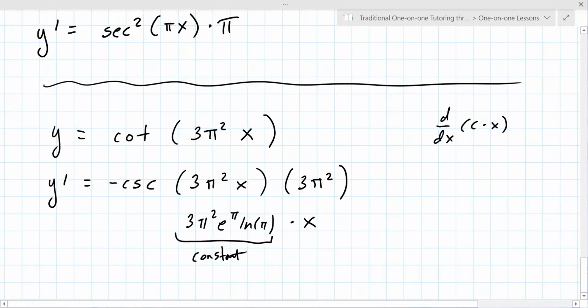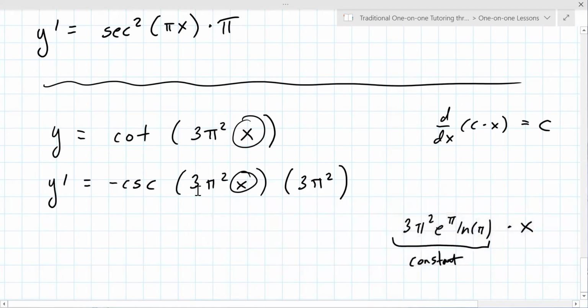These are the things that the instructors will do to you to make you crazy, because they imply that you're supposed to do something with this and you're not. x is the variable. So the derivative of x is whatever's in front of x, 3 pi squared. So it wouldn't be 6 pi? No, it's just 3 pi squared. Oh, okay.